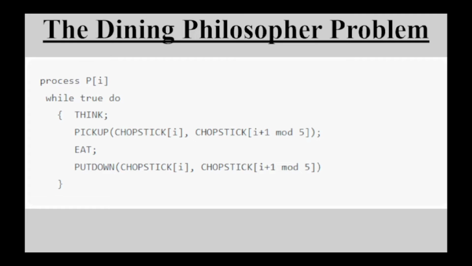The philosopher, while true, does think, then picks up chopstick i and chopstick (i+1) mod 5. He picks up both chopsticks, and then that philosopher will eat, and after eating he will put down both chopsticks.